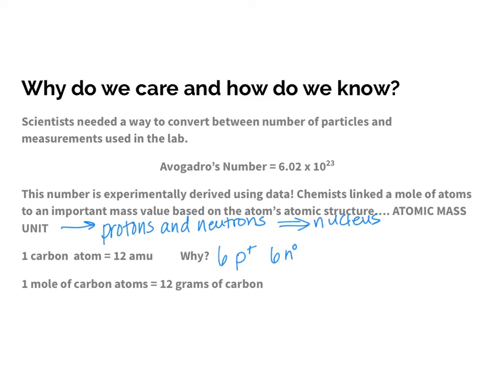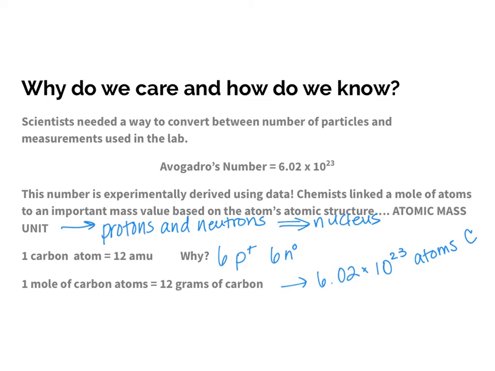At this point, the researchers knew the approximate masses of one proton and one neutron. So they took 12 grams of carbon and basically divided it by the number of protons and neutrons to get that 1 mole of carbon atoms, which was equal to 6.02 times 10 to the 23 atoms of carbon.